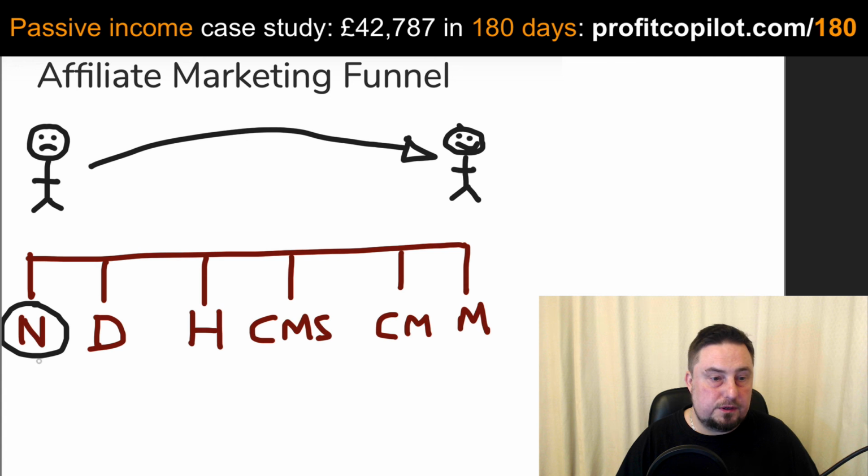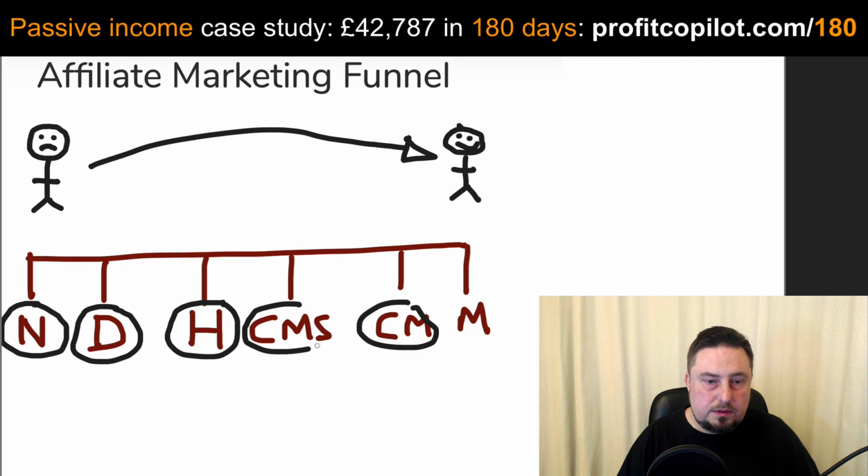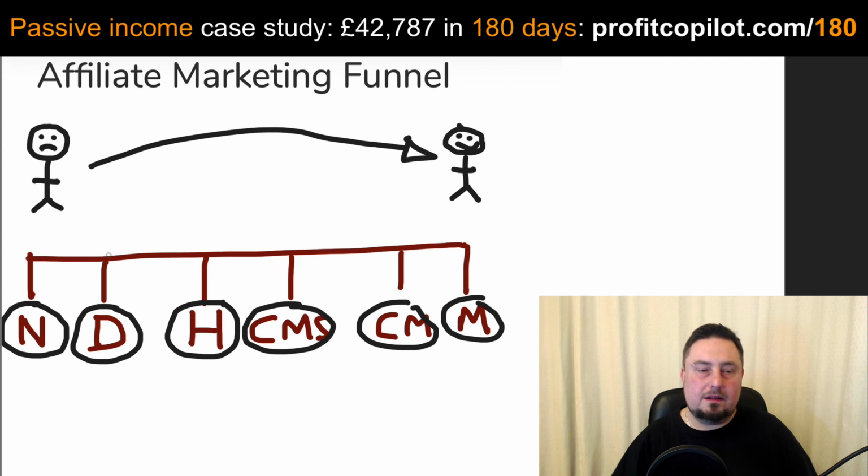So that could be the first offer you promote. And then the second offer you promote could be about domain names. Then you could promote web hosting companies, then CMS guides, content marketing guides, what have you. So you would match the offers that you promote to Bob's need at the right time along his customer journey.